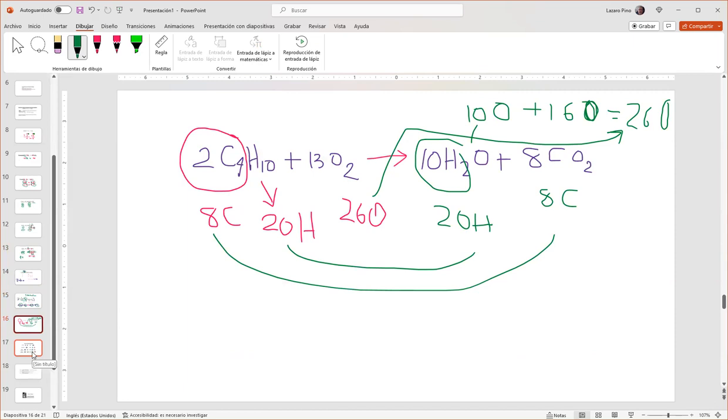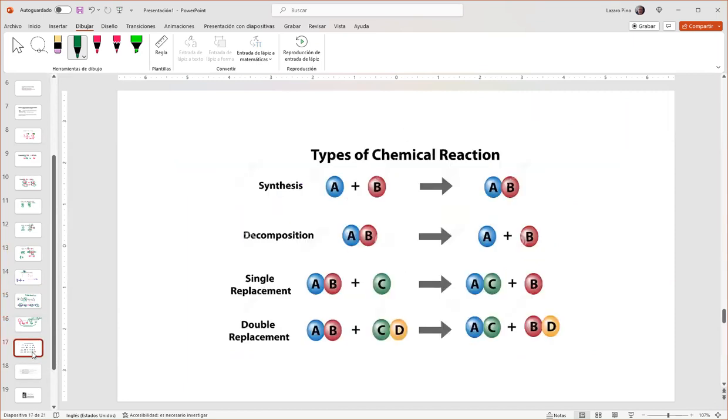Let's continue. Now, what are the different types of chemical reaction? Synthesis: when you have two simple substances that combine into one. The opposite, when you have one and you decompose it into two simple ones, is a decomposition reaction.